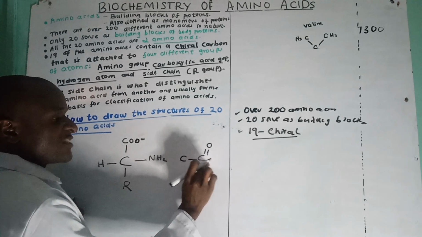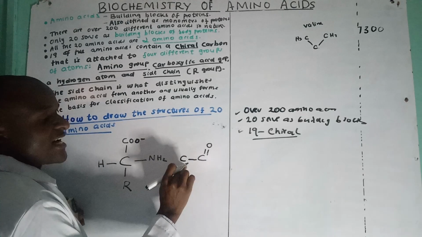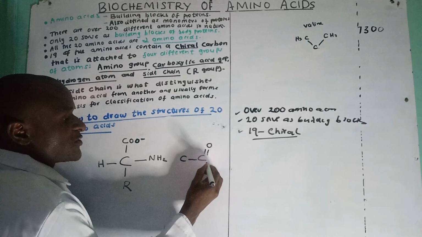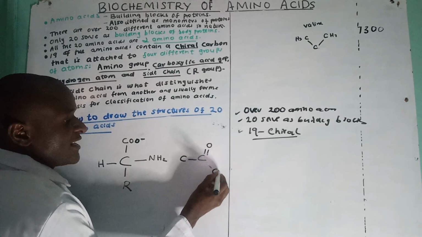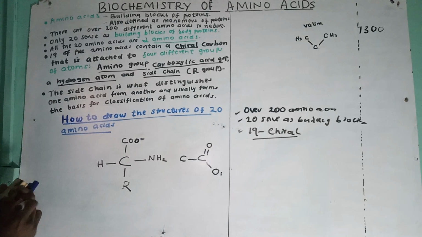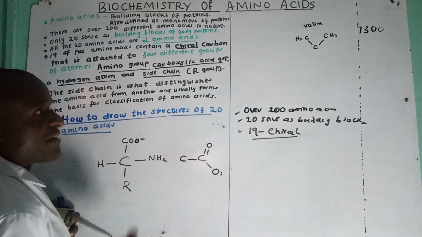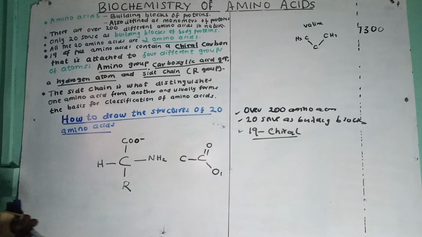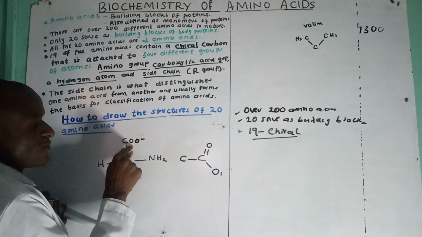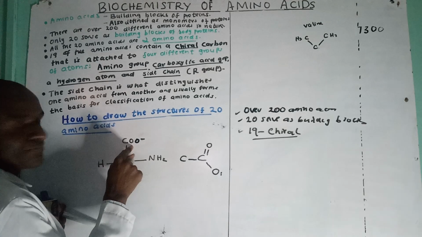Any carbon that is attached to a carbonyl carbon is referred to as an alpha carbon. So assuming that this carbon is also attached to an oxygen atom that is deprotonated, this becomes a carboxylic acid. Remember, amino acids are also carboxylic acid. So we say that this carbon is an alpha carbon because it is attached to a carbonyl carbon.